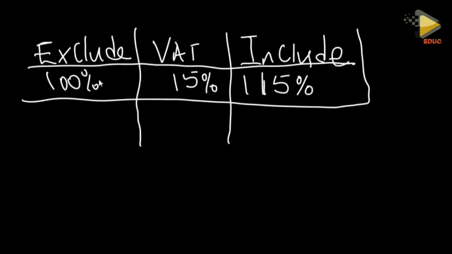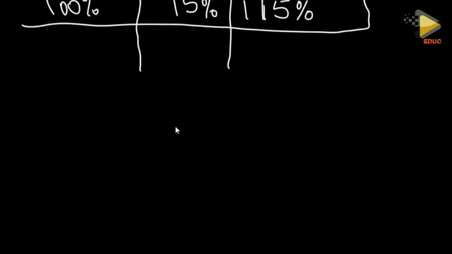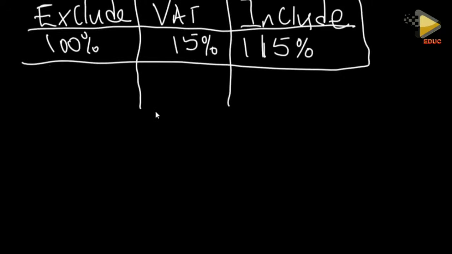The easiest way to interpret the calculations before you start anything, because some people get confused when they're asked include VAT, they don't know what to do, or exclude VAT, they don't know what to do. I'll show you the three methods I know. Number one, so easy. For example, we shall take this.